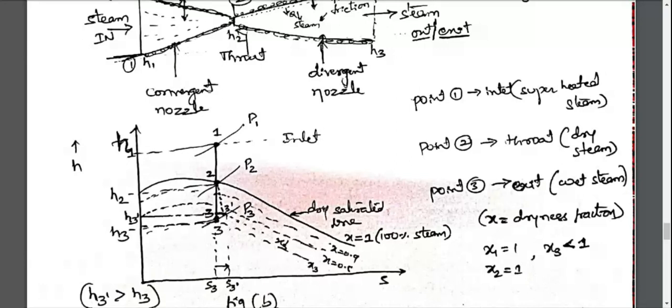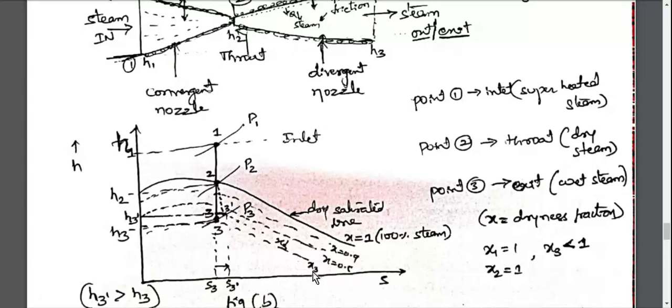At the same time, draw one more dotted line at point number 3 dash. Observe these two dotted curves. Is the value of x3 dash more, or is the value of x3 more? Obviously, x3 dash is more. x3 dash is above x3. So if you go from here towards the dry saturated line, the quality of steam increases.